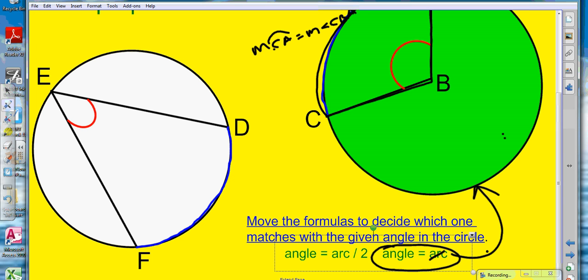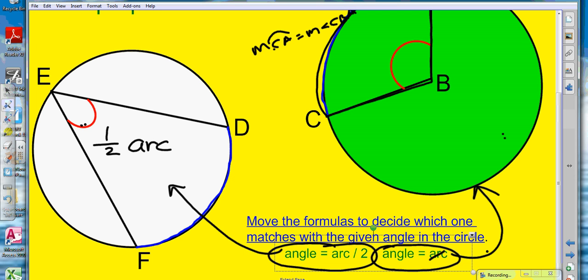So that means that we're given the formula for an inscribed angle. So this is what's new to us. In an inscribed angle, the measure of the angle is the arc divided by 2. So this angle right here is 1/2 the measure of the arc. Okay, so in this specific example, angle E is equal to 1/2 the measure of arc FD.